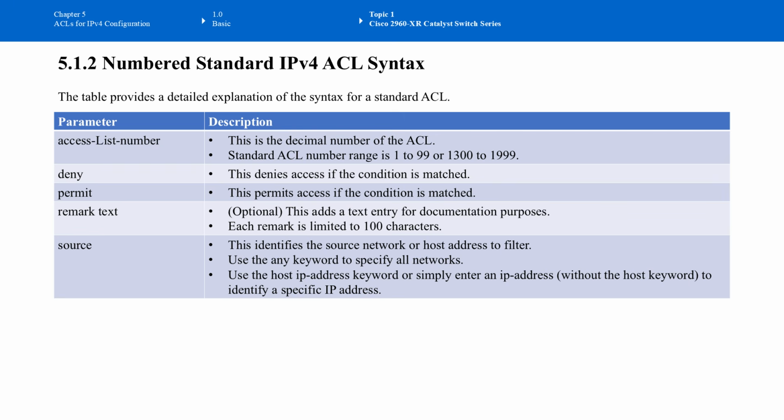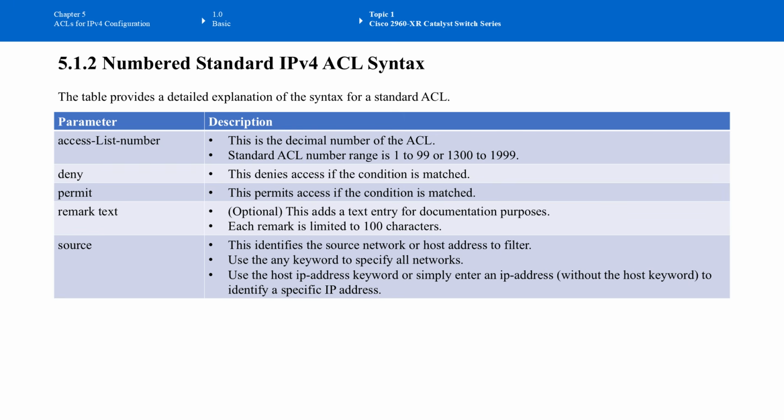The access list number identifies the ACL. For a standard numbered ACL, Cisco uses the range 1 through 99 inclusive, and also 1300 to 1999.